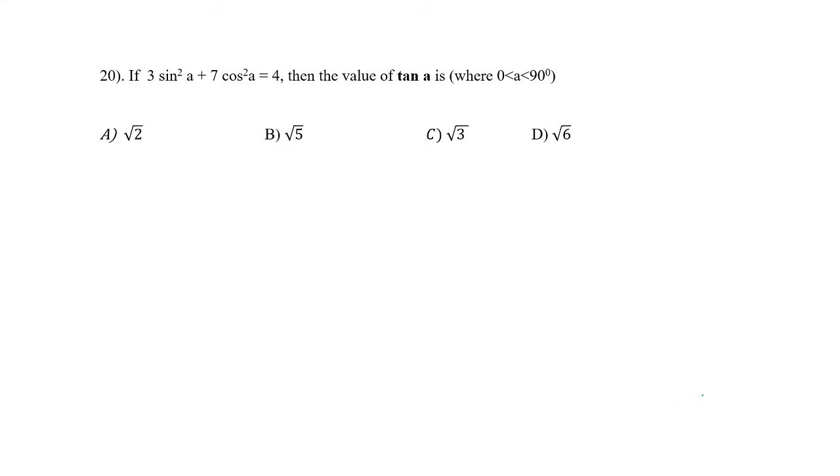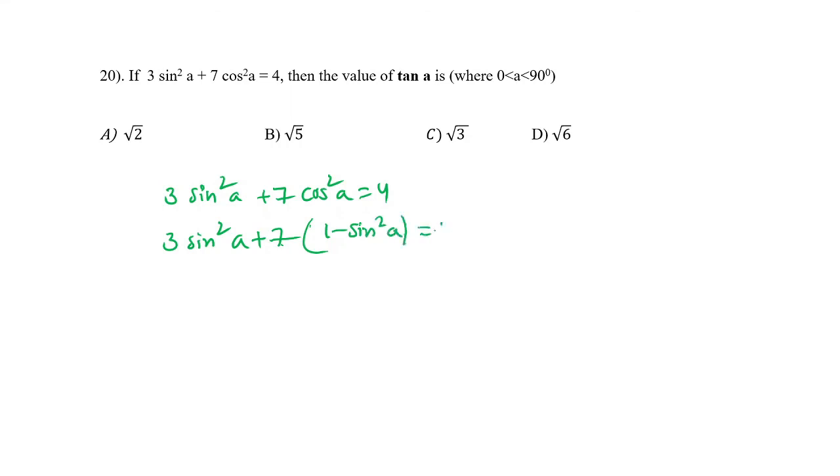20th question. If 3 sin square A plus 7 cos square A is equal to 4, then the value of tan A is. 3 sin square A plus 7 cos square A equal to 4. 3 sin square A plus 7 of 1 minus sin square A equal to 4.